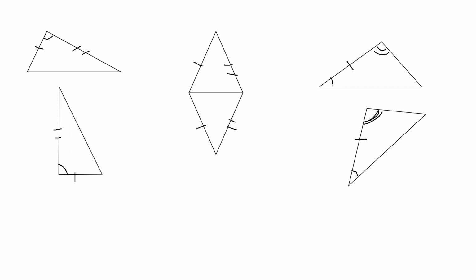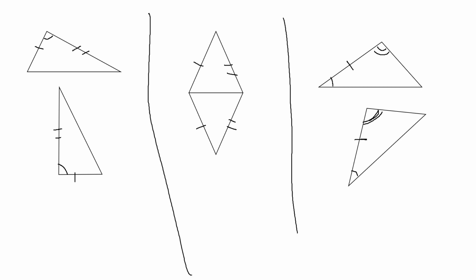Let's look at what this looks like when we're actually going to have to use this information. These are three different examples here. We're told to prove that these triangles are congruent. The first principle that we talked about was side, side, side. If we start with this triangle, we can see these sides are congruent because there's one tick mark, and these sides match because there's two tick marks.